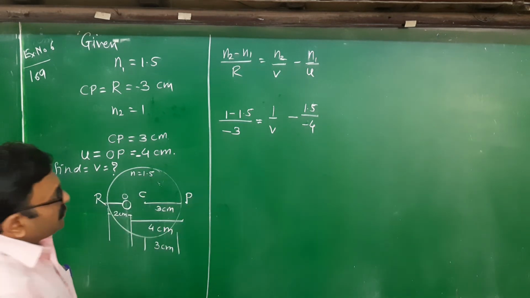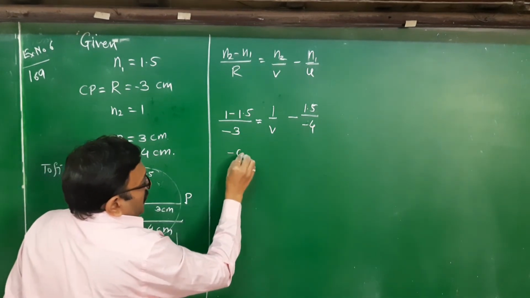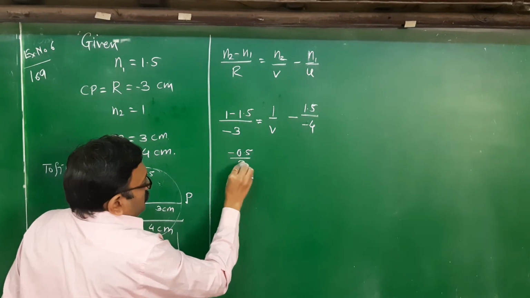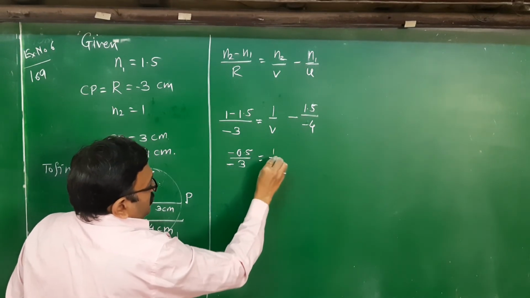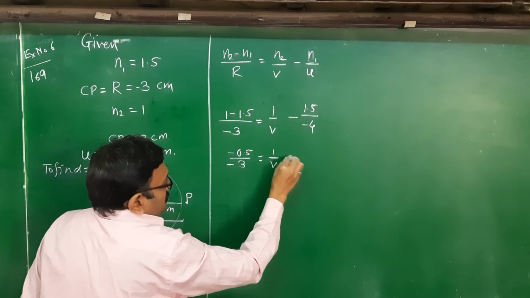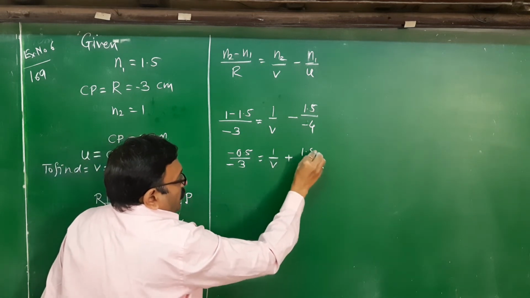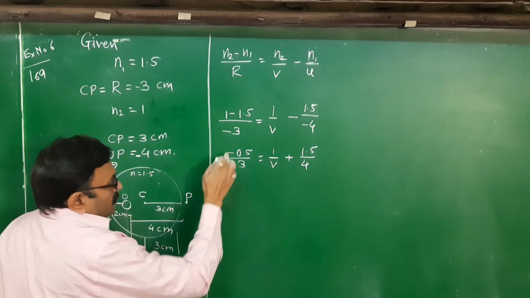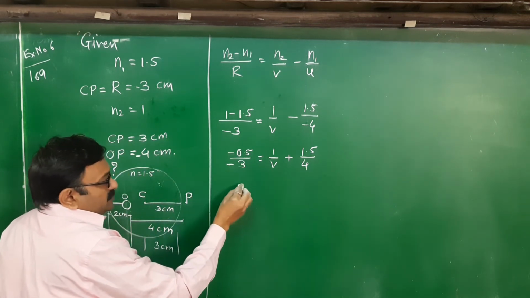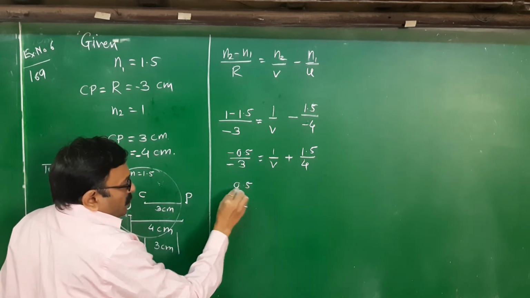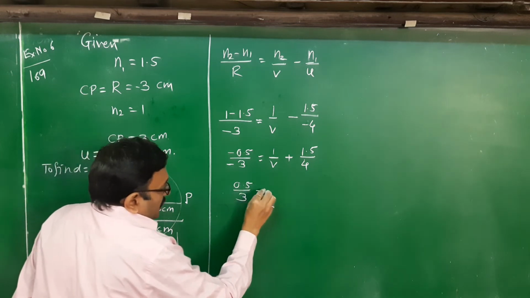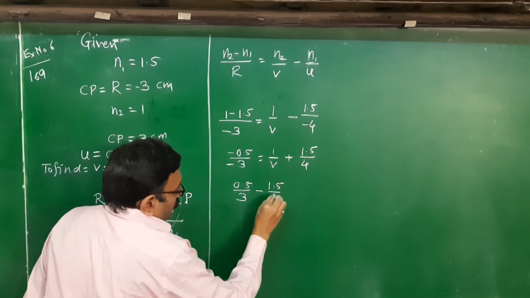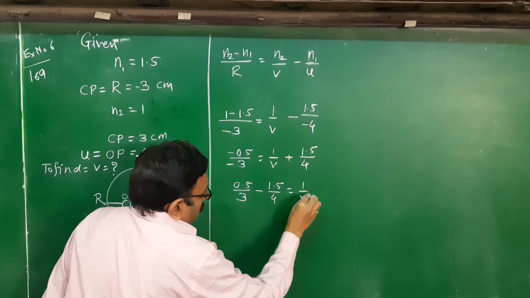Now we solve this: minus 0.5 upon minus 3 equals 1 upon v plus 1.5 upon 4. Now minus and minus becomes plus, therefore 0.5 upon 3 minus 1.5 upon 4 equals 1 upon v.